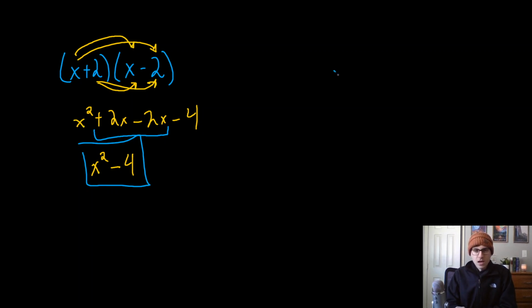Maybe another common one, x squared minus 16. You can think about this as if you were factoring a normal trinomial, a normal expression, right? Here, the only difference is you don't have a middle term. So this is almost the same as if you said x squared plus 0x minus 16, right?